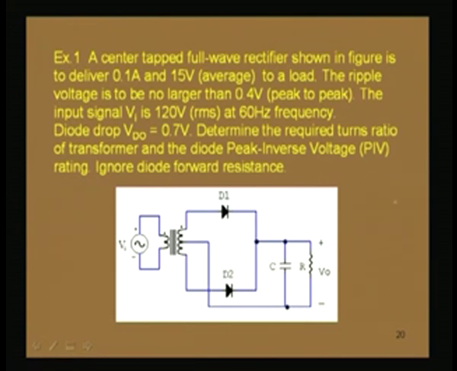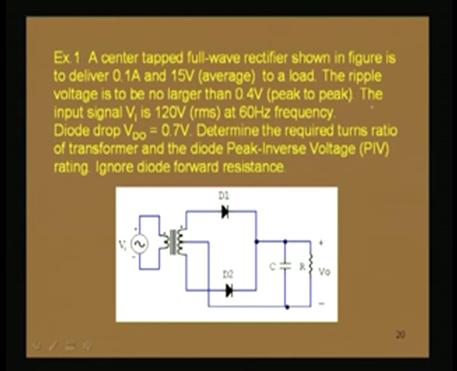So, in this circuit you have been told that it should deliver 15 volt average to a load. This V naught should be 15 volt average, and the DC current which will be delivered to the output load is 0.1 ampere. Now, the ripple voltage is to be no larger than 0.4 volt peak to peak.